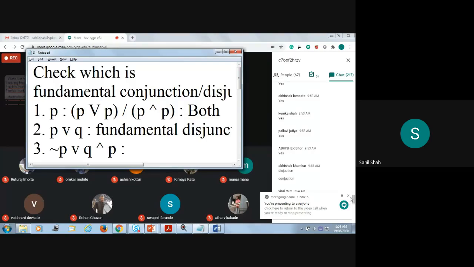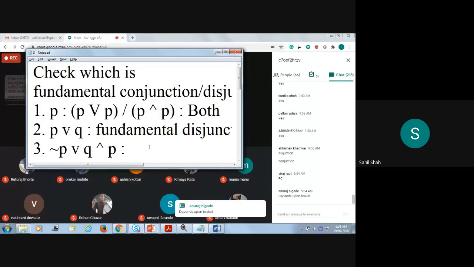Okay, I could see your chats as well. Somebody is saying fundamental conjunction. What is a fundamental conjunction? Braces are not used on the value. The reason is that you should get confused, which is why I have not put braces anywhere.